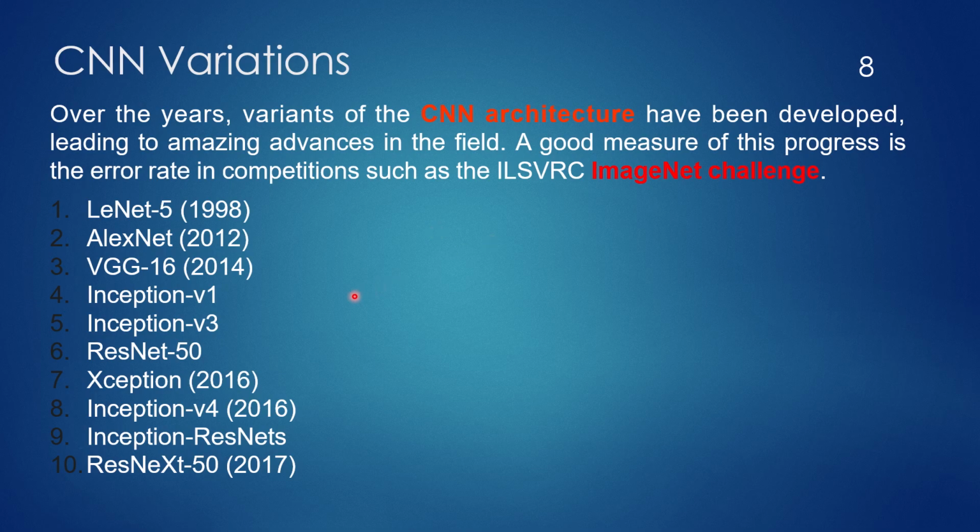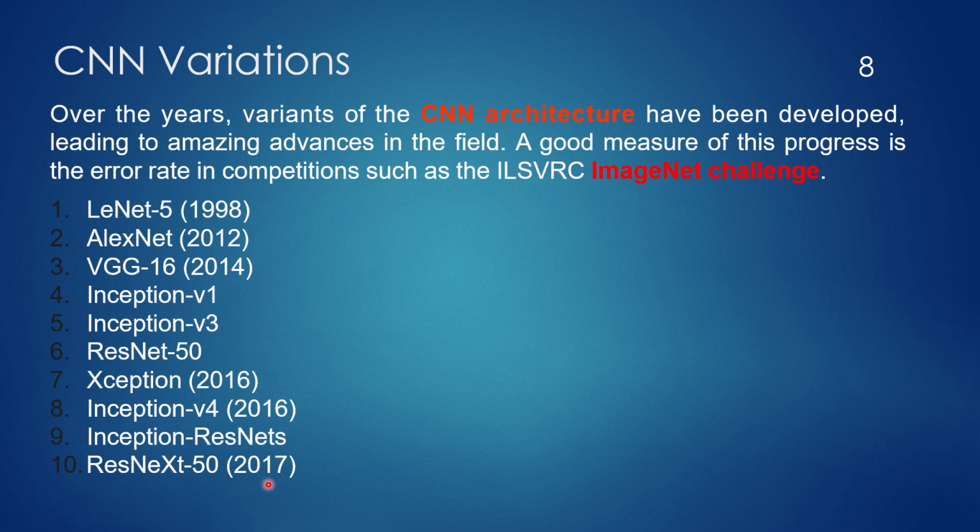Here are the notable CNN models by year. First was LeNet-5 in 1998, AlexNet in 2012, VGG16 in 2014, Inception V1, Inception V3, ResNet50, Xception in 2016, Inception V4 in 2016, Inception-ResNets, and the last one is ResNeXt50 in 2017.